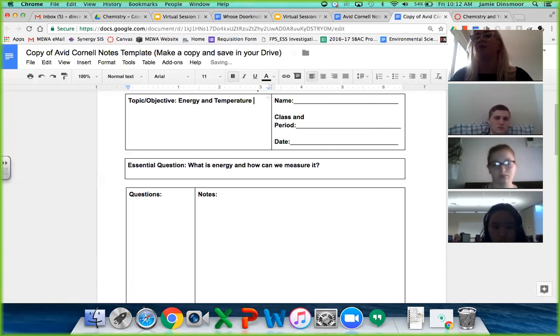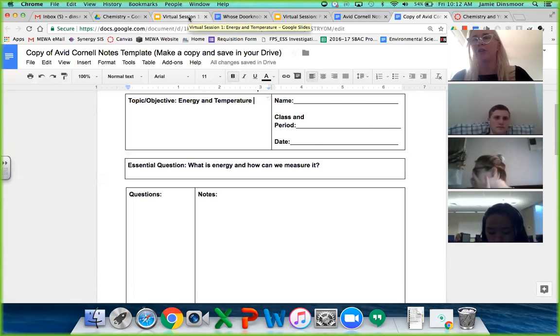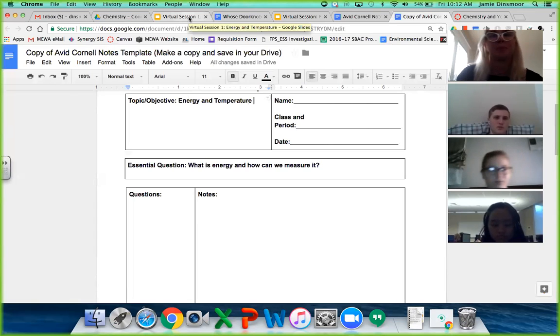Personally, I would put a topic there just because objectives are more for teachers and administration. They are for you, right? But I know sometimes looking at all those objectives, you're just like, okay. Energy and temperature, you're going to be like, oh yeah, these notes are about energy and temperature.